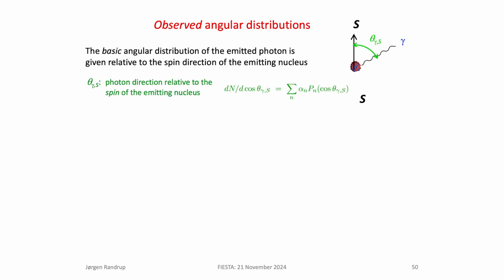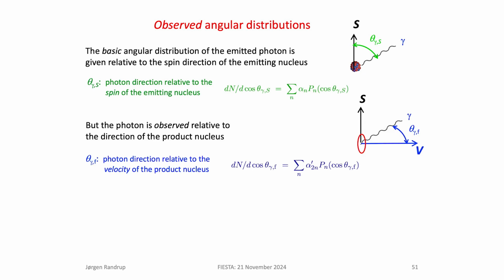Now there is the experimental problem, as I mentioned, that the basic angular distribution is known relative to the spin, but you measure relative to the direction of the fragment. So what do you do with that? And this is just a simple mathematical thing, you probably know about it. So here is the spin, and here is the velocity of the fragment, and this gamma f is the angle here.